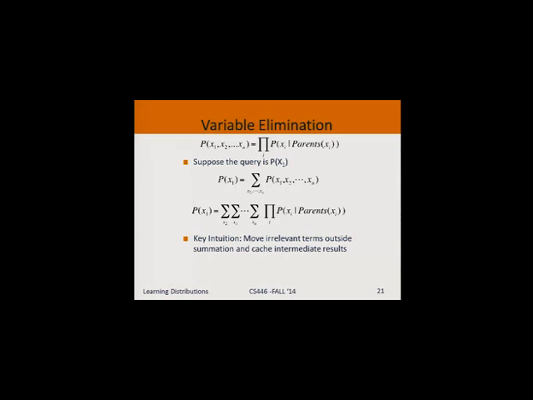Notice that I'm abusing the notation here a little bit. It could be that the parent set is empty for some node. If the node has no parents, then the parent set is empty, and this reduces to P of xi. With this notation, say that I want to compute the probability of x1.